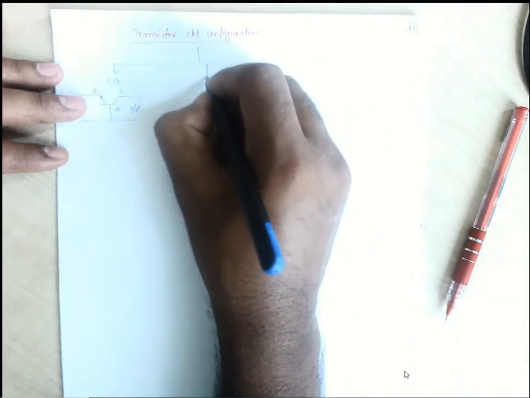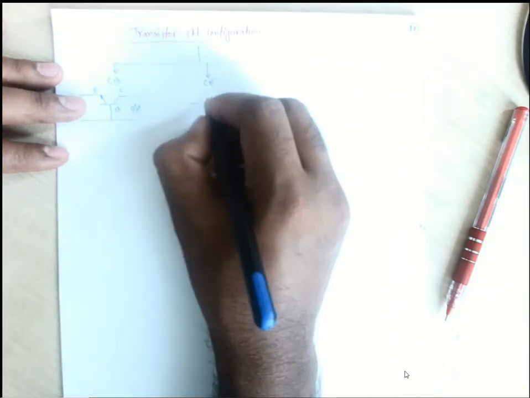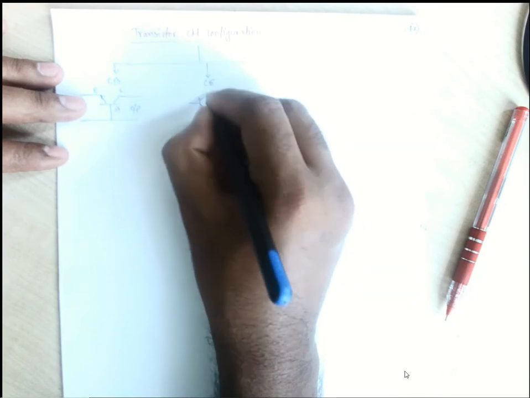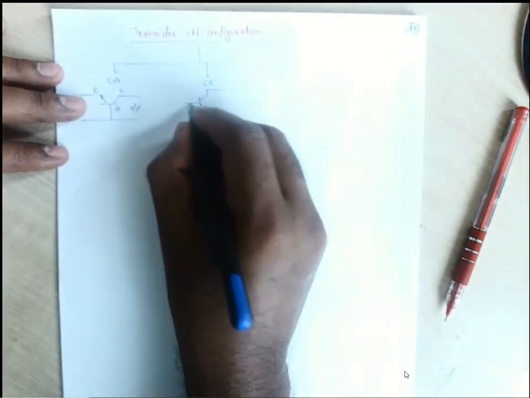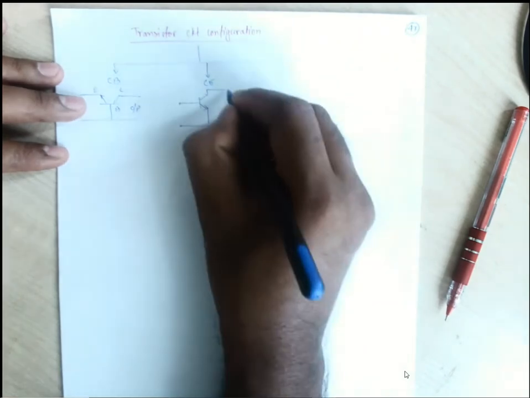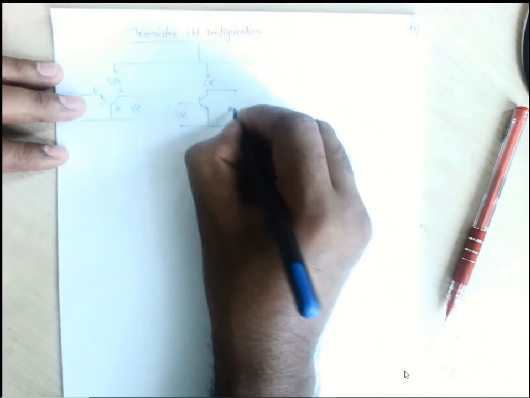Another one is known as common emitter. So for this case, emitter will be common for the input side as well as for the output side. This is our emitter. Emitter is common for both input as well as for output.